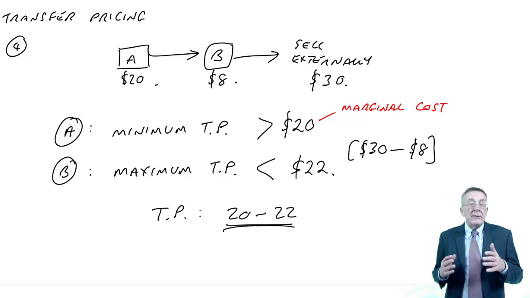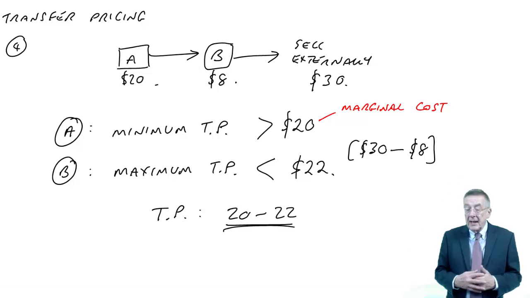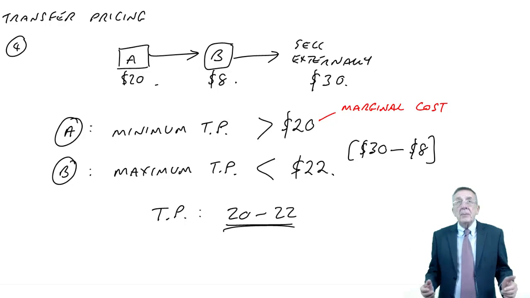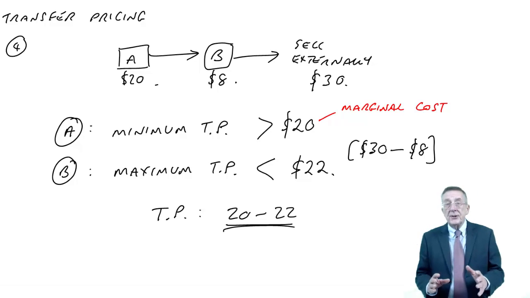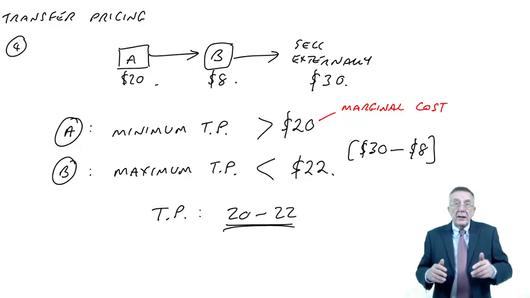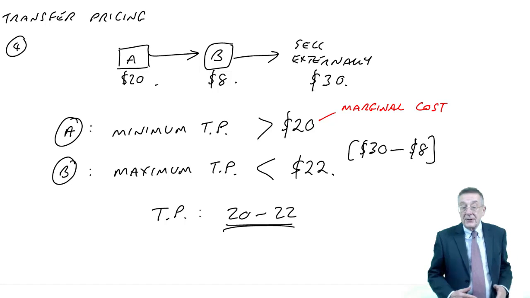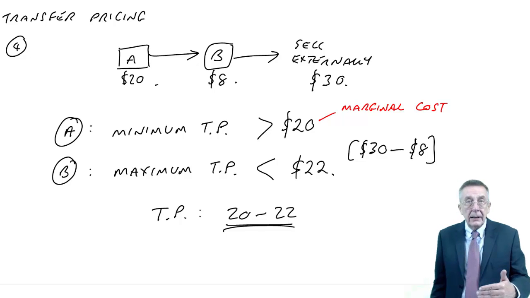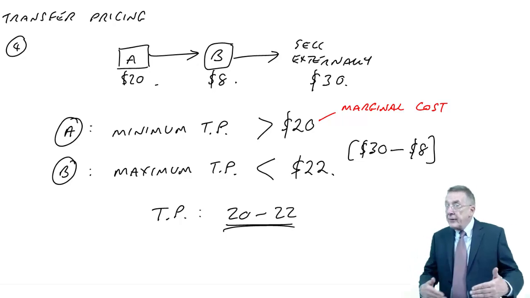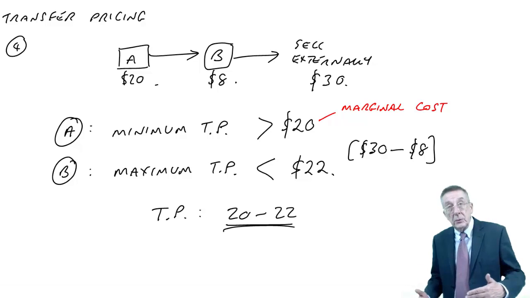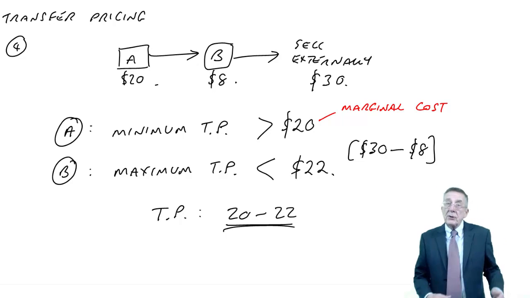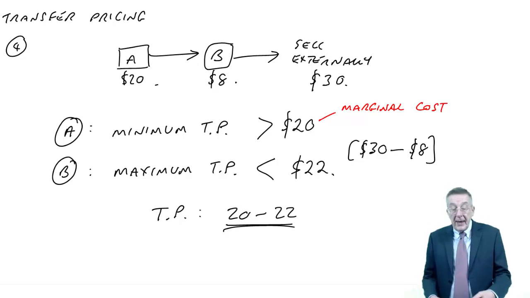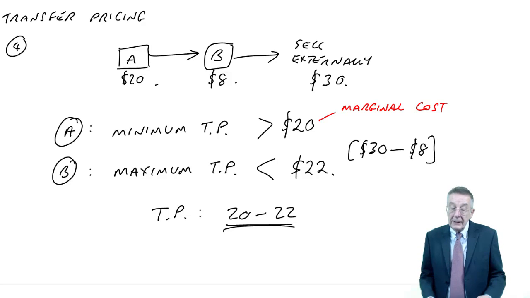Now, Division A will presumably have fixed costs as well, but I did say in the previous lecture, we always assume that this is just one product, but we're actually making lots of different products. Whatever fixed costs there are in Division A, they'll still be there whether we make this product as well or whether we don't. So if the fixed costs are already there and aren't going to change, the only extra cost of making this product is the variable or marginal cost.